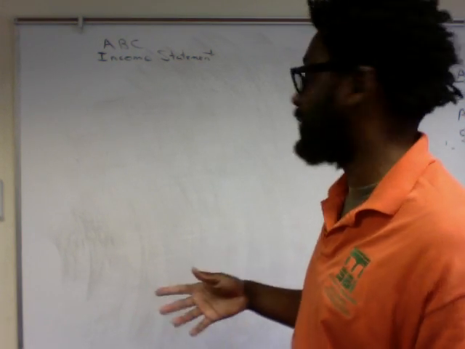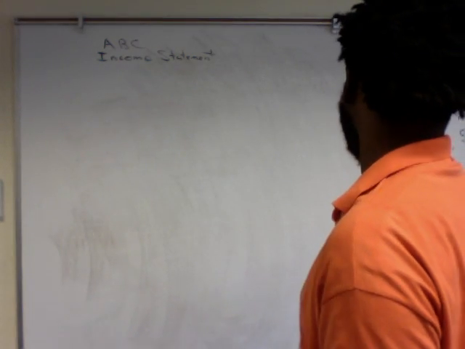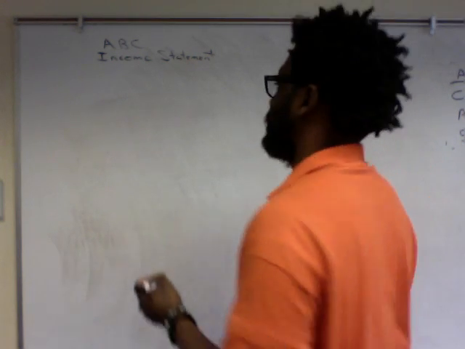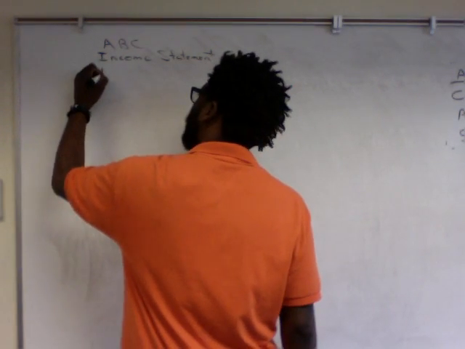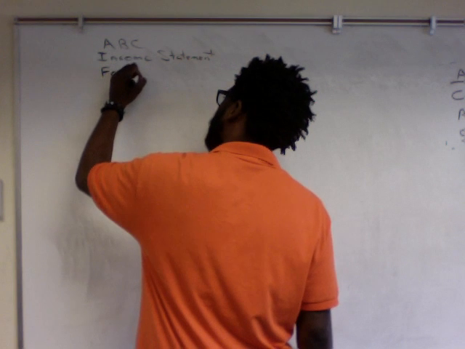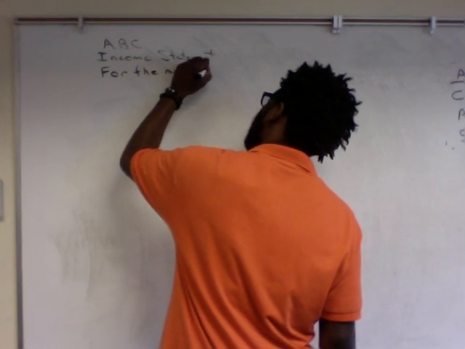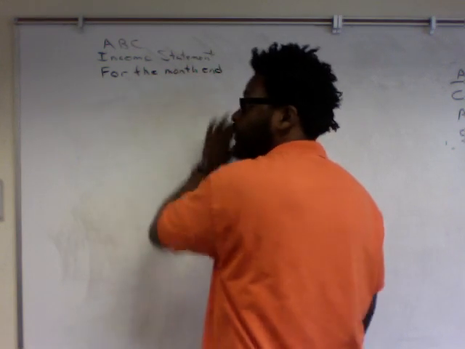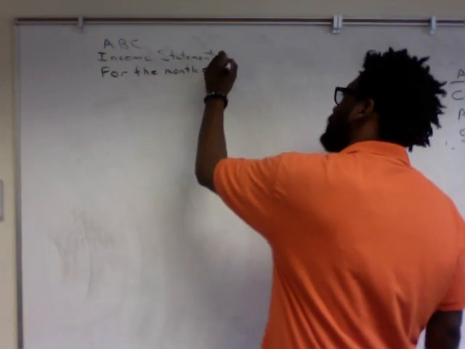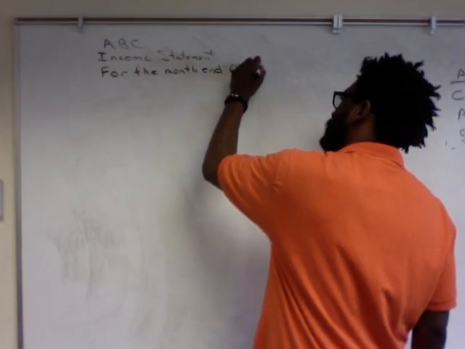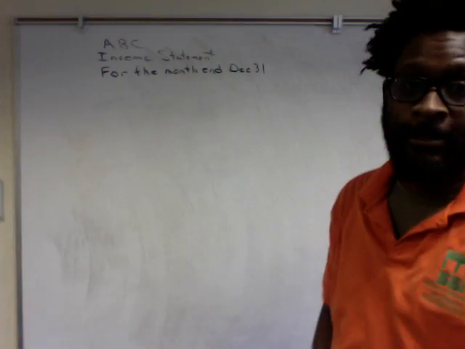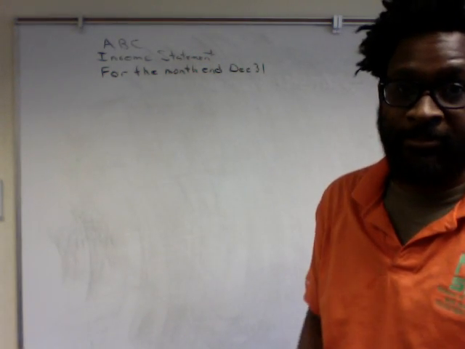So it could be a month, it could be a year. And for here, let's just assume it was a month. So you always say for the month ended, so it lets you know we're doing a month, December 31st. Okay? So that's the income statement.